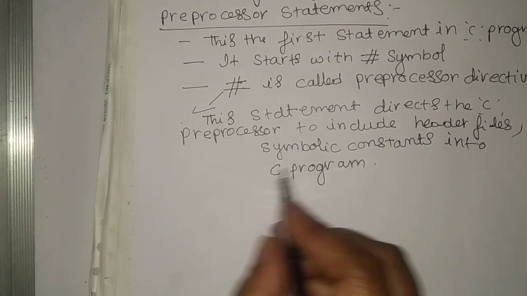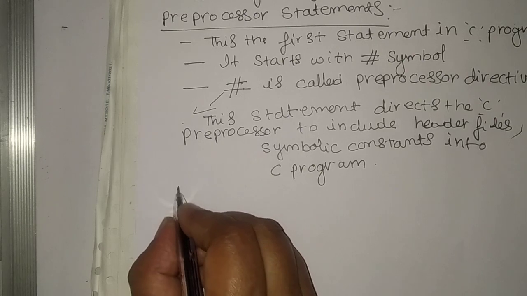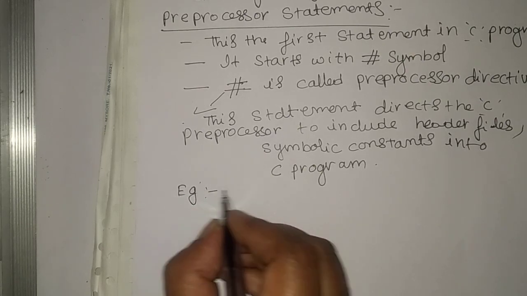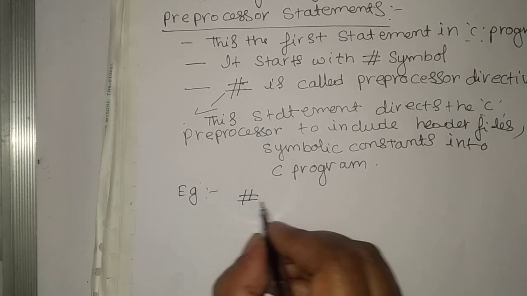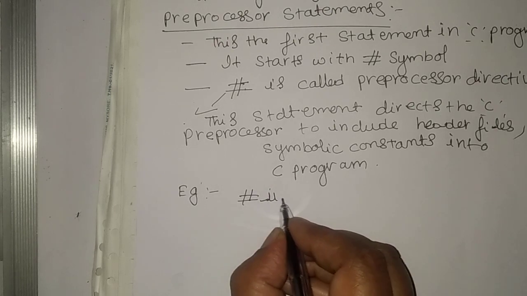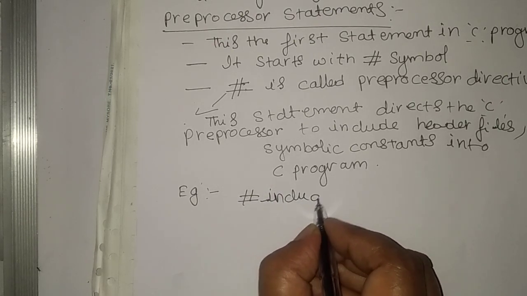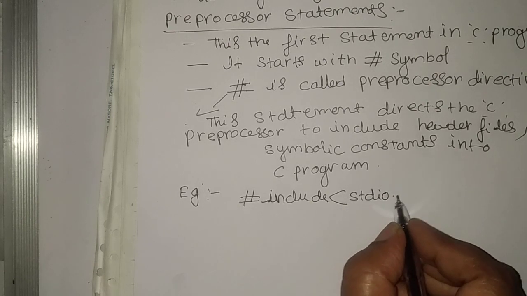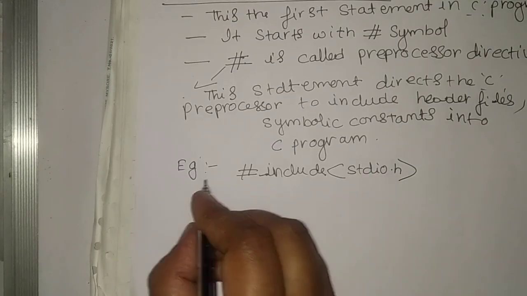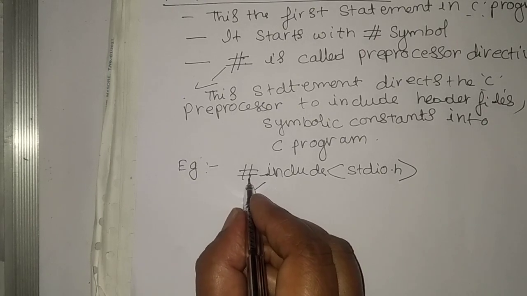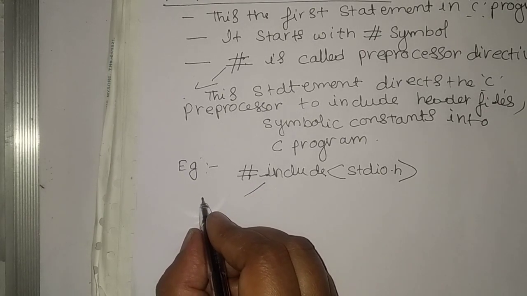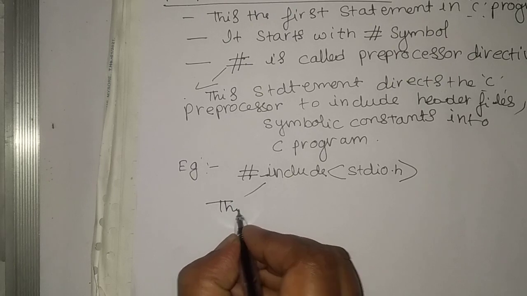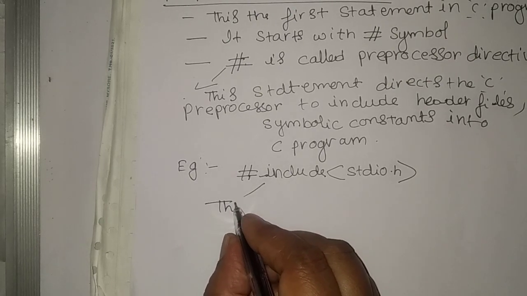So for example, we'll see hash include stdio.h. This statement is called a preprocessor statement.